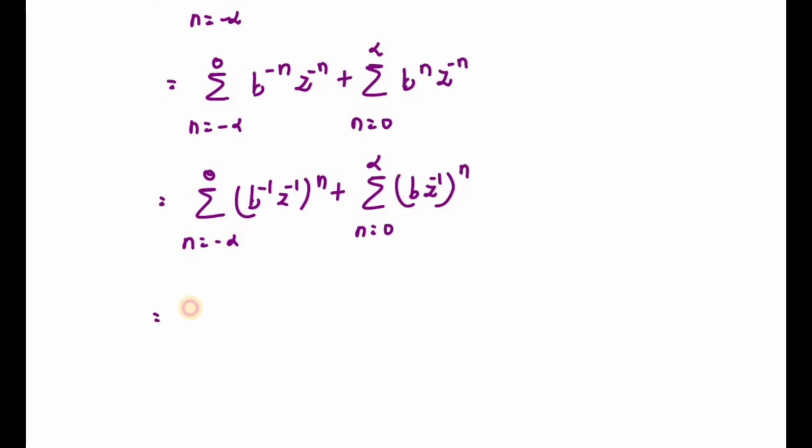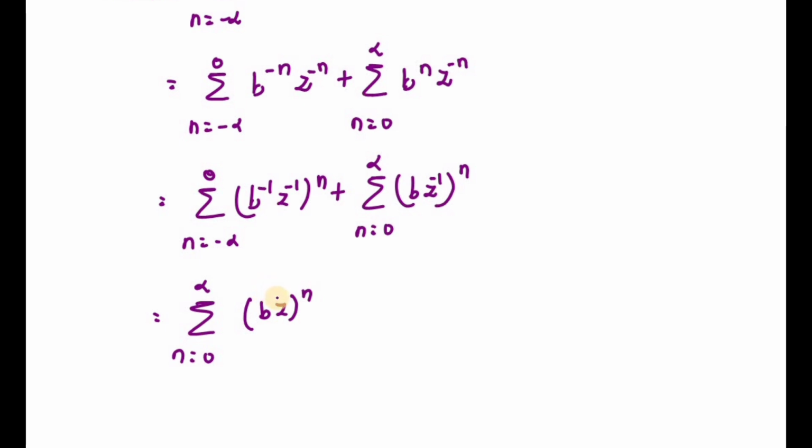So I can write it as n equal to 0 to infinity. In order to make minus infinity positive, I have to change this n to minus n. So if it goes inside, it becomes b z power n, since minus 1 goes inside.